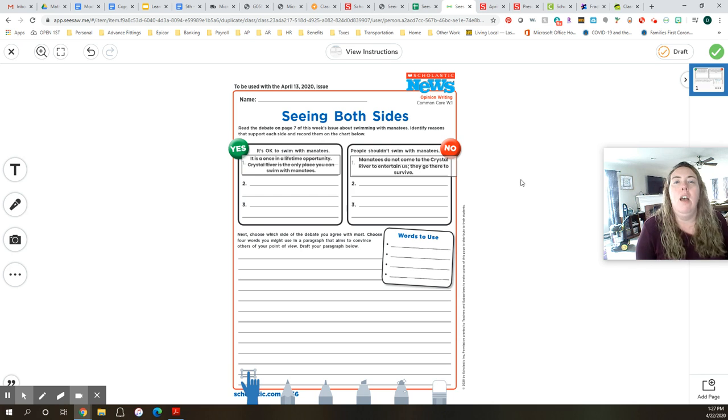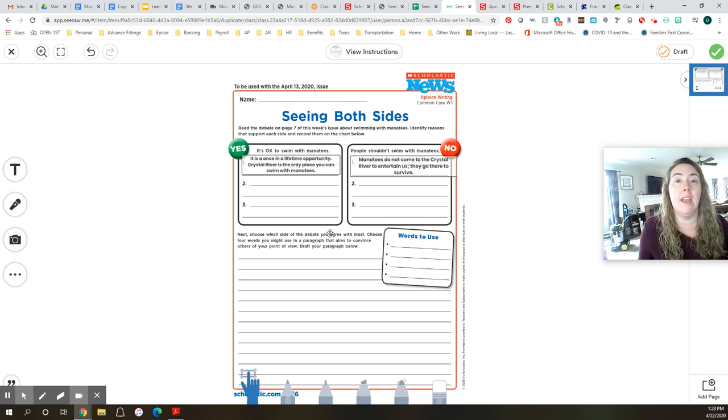Wonderful. All right. Once you have thought of and found 3 pieces of evidence from the text, this is not things that you're making up. It's from the text. For each side, you're going to move down to the bottom part, okay? Next, choose which side of the debate you agree with most.